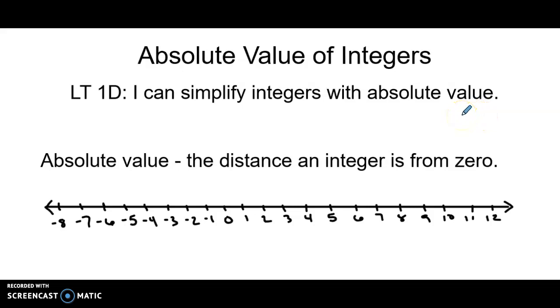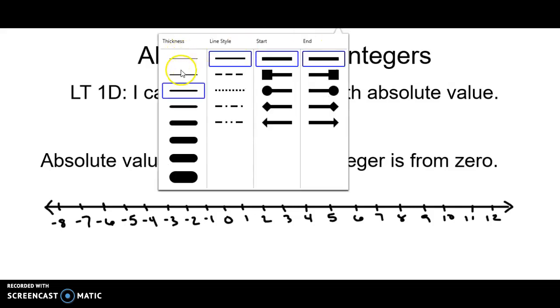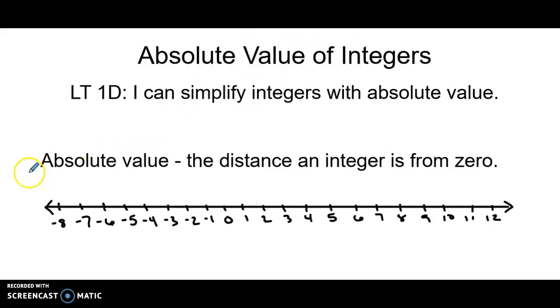A lot of people tend to think of absolute value as the opposite of a number or the opposite of an integer, but it's actually about distance. Absolute value is about distance. So absolute value is the distance of an integer from 0. All right, so let's talk about taking the absolute value of -4.